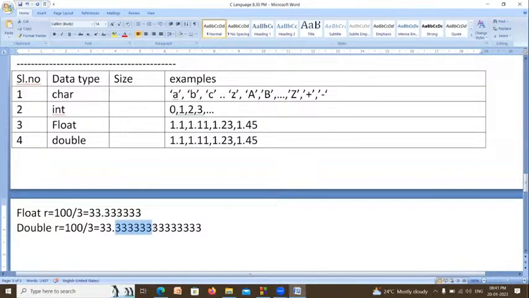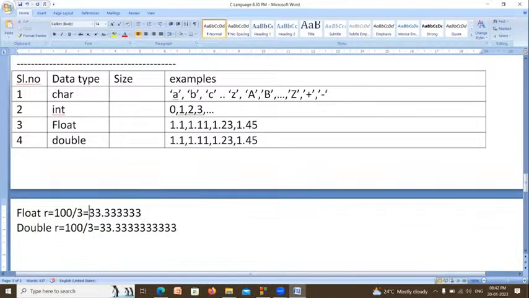If you want to maintain 6 or fewer precisions, then you can take float. If you want more than 6 precisions, then you have to take double. It gives more accurate results. Float gives less accurate results.